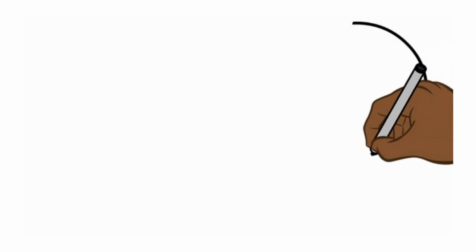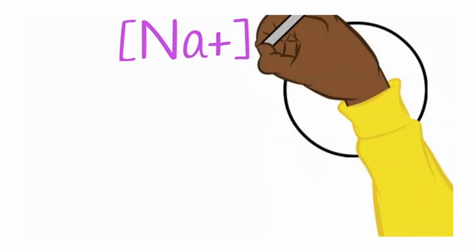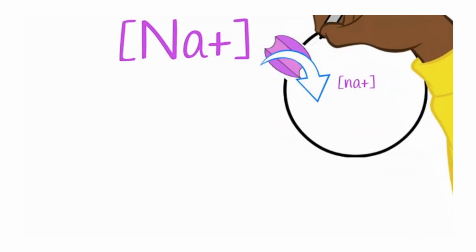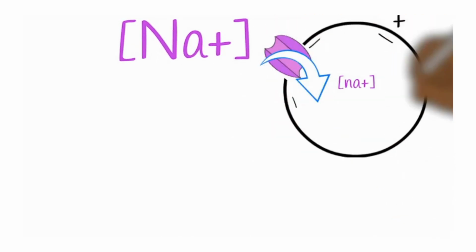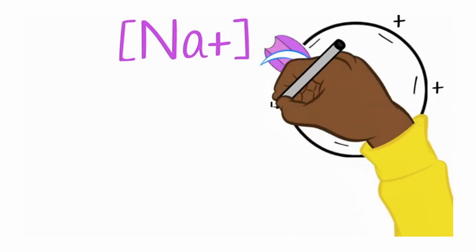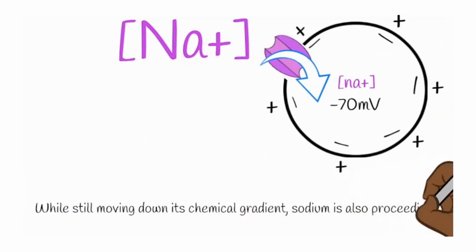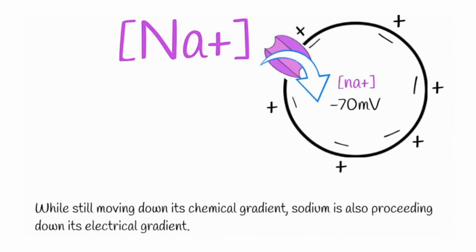With that in mind, let's take a look at sodium again and at sodium's gradients. We've already established that sodium has a chemical gradient favoring it to move into the cell. But it also has what we refer to as an electrical gradient favoring it to move into cells.